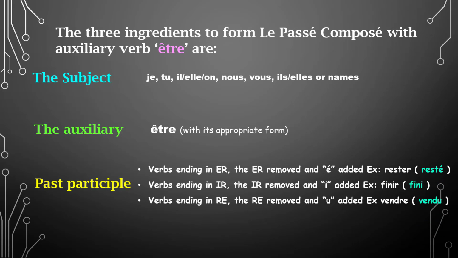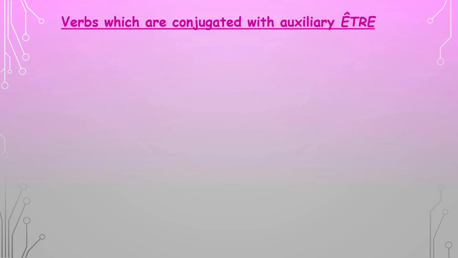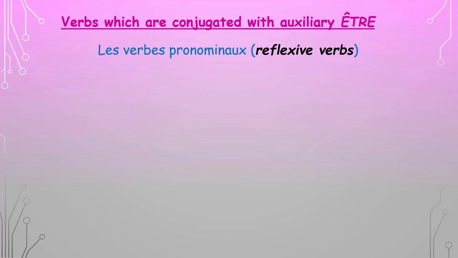One point we need to bear in mind is that when conjugated with verb être, except for third person masculine singular, the past participle agrees with the subject and its spelling changes according to gender and number.